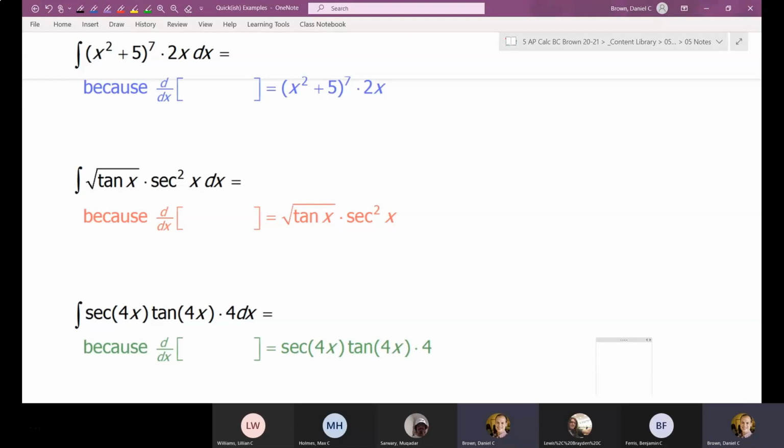Again, these are what I would consider mental U-sub problems because you can easily figure out what coefficients might need to be in order for that antiderivative to work. But go ahead and try those 3, and then we'll look at ones where they aren't so easy to do mentally.